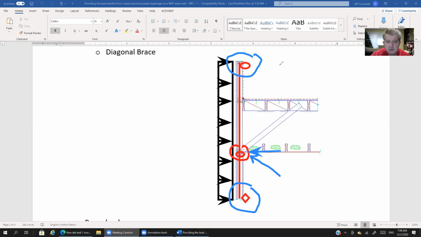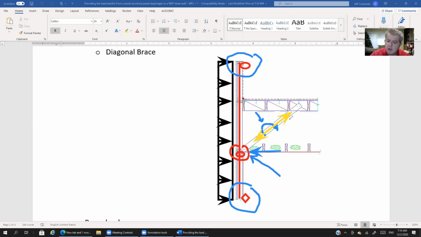Now the question is, does that brace resist a moment, or is the load in the brace an axial load, right? And there I've drawn it in for you. In blue, there's our moment representation, a clockwise moment there.